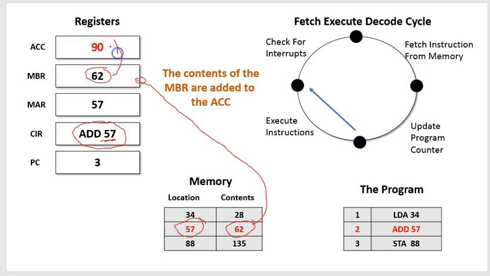So we add plus 62. Now remember that we had 28 here previously, so 62 plus 28 would give us 90. So that 90 would be the new contents of the accumulator.